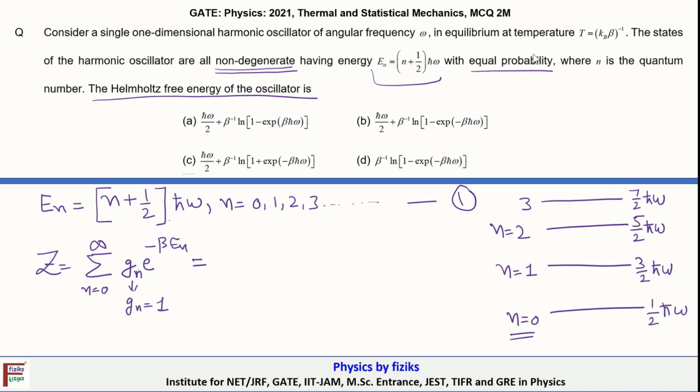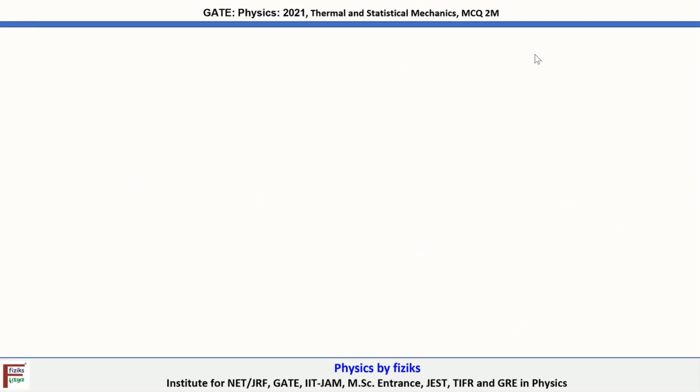Here the first term in the partition function corresponds to the energy h cut omega by 2, so exponential minus beta h cut omega by 2, plus the second term, exponential minus beta times the energy 3 by 2 h cut omega, plus the next term, exponential minus 5 by 2 beta h cut omega, plus other higher order terms. I will take the common factor outside.